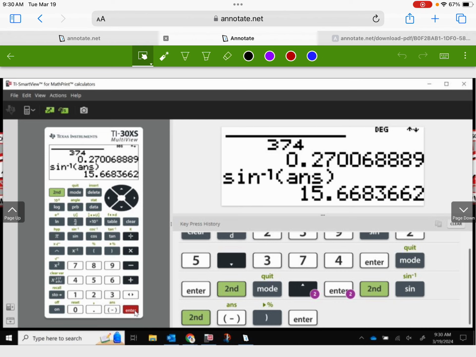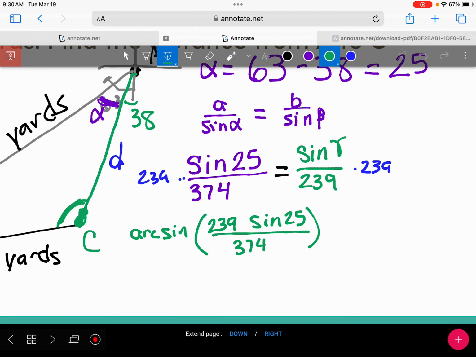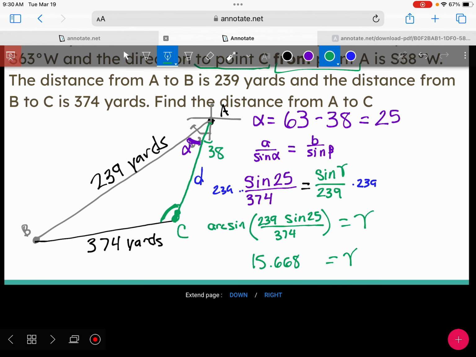So we should get that our angle gamma is 15.668. So that equals gamma. So our gamma is 15.668. Which means my triangle is way out of scale, but that's okay.